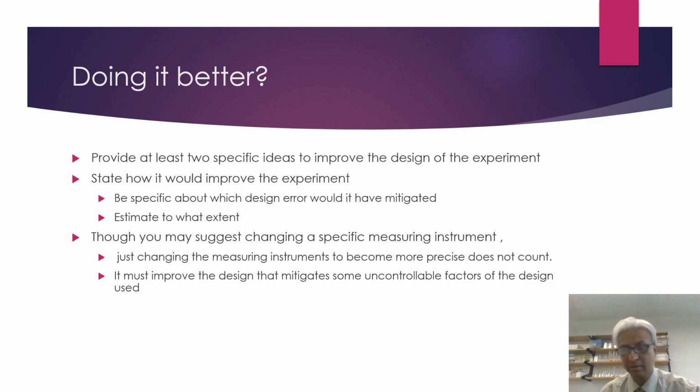Because in this experiment, people found good relationships between V and R and V and tension with this level of rudimentary equipment, not with phenomenally different kinds of instruments, but with better design, being more careful about collecting the data, and possibly compensating for the possible errors. It must improve the design and mitigate some uncontrollable factors of the design used.